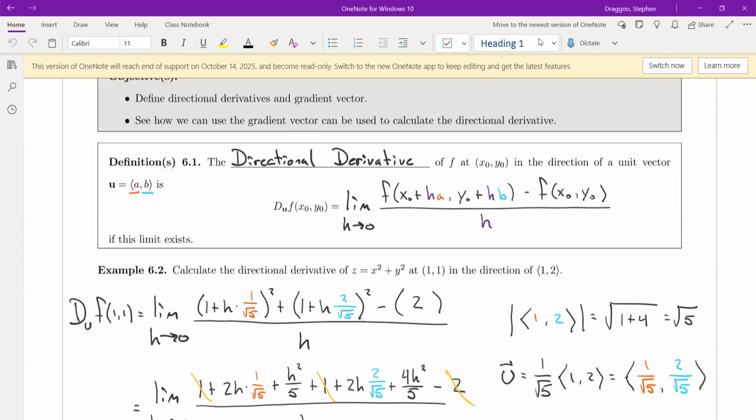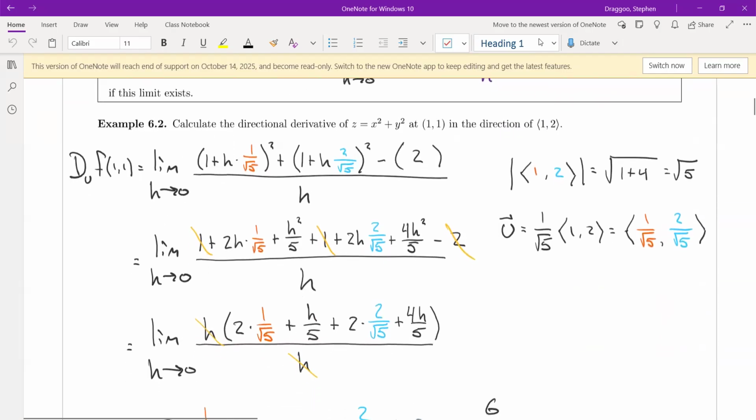When we looked at a y partial, we only had an h on the y value. Now for our directional derivative, we'll define our direction to be a, b, which is some unit vector over there. And we'll just add an h times a and an h times b to the x and y values respectively. And we get our definition.